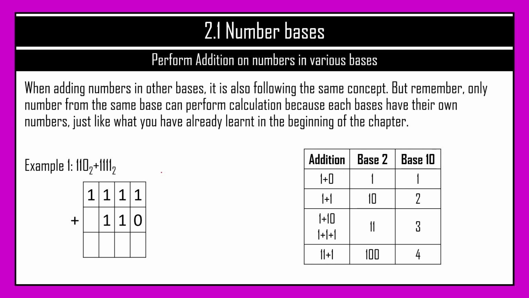Let's start with example 1. We have 110 base 2 add with 111 base 2. I've written the numbers in a grid format to help us add, and I also have a table on the right side that we are going to use in a while. 1 plus 0 gets 1, and then 1 plus 1 gets 2, but that's in base 10.